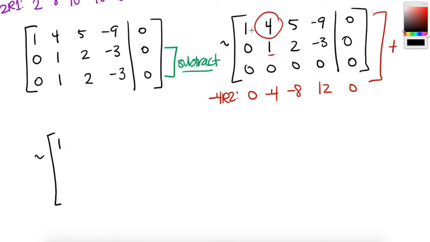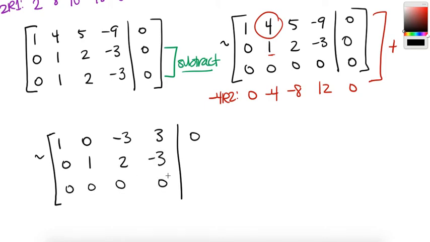Our new row 1, 1 and 0 gives us 1, 4 and -4 gives us a 0, 5 and -8 gives us -3, -9 and 12 gives us +3, we have a 0 over here, and then we've got 0, 1, 2, -3, 0, 0, 0, 0, zeros over here.